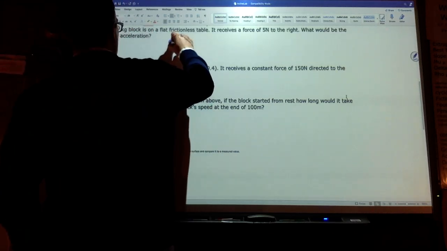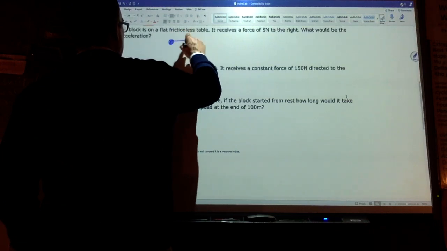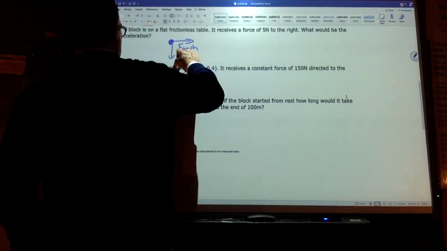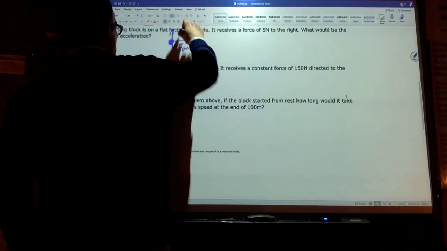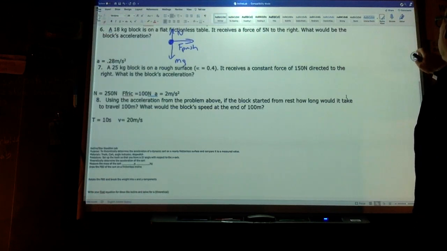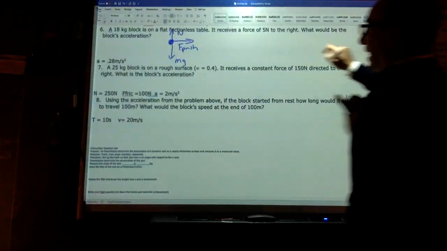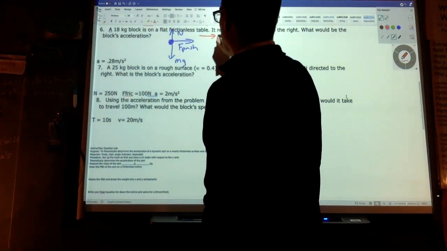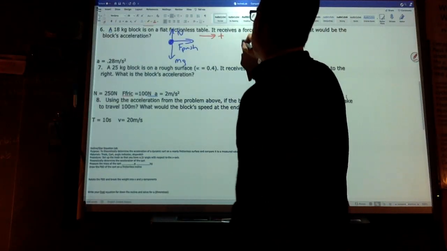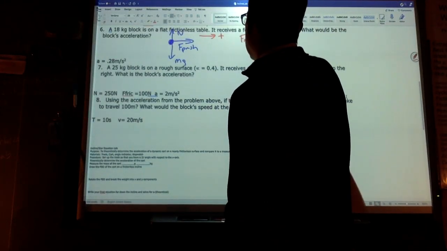So we have a force pushing it to the right. I'm going to choose the right to be positive, because that's going to be my direction of acceleration. And so I have Fnet equals ma.